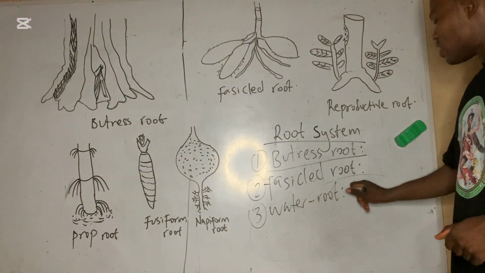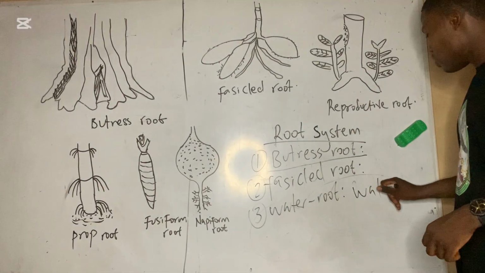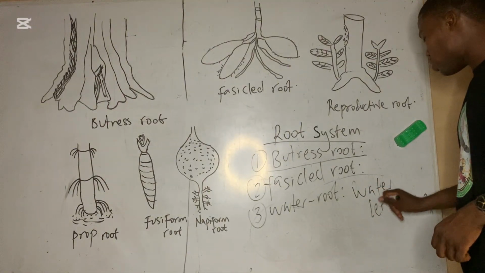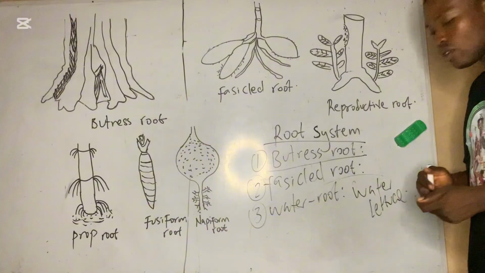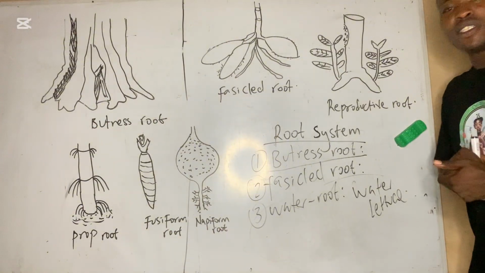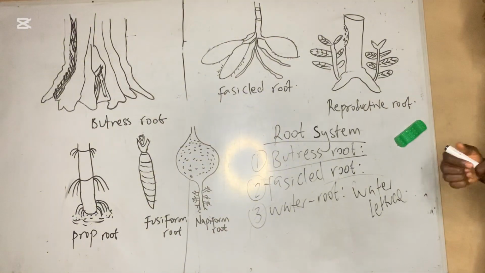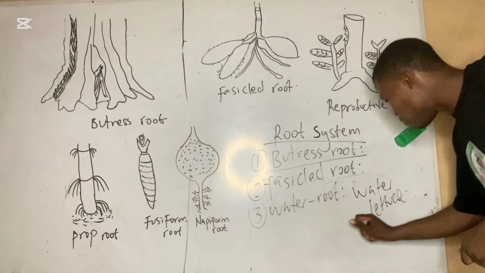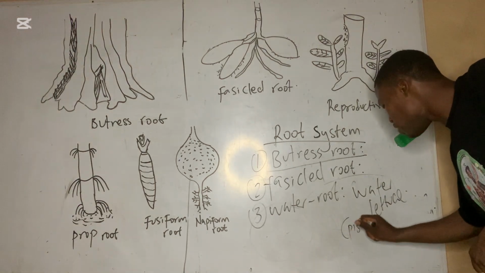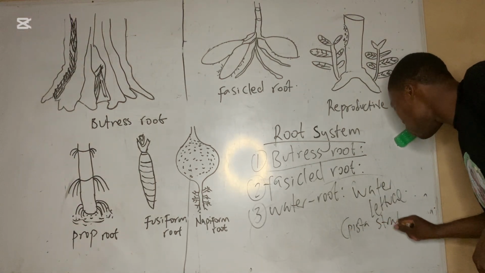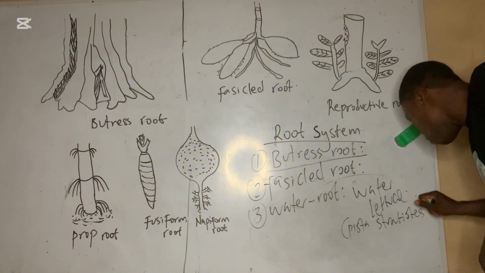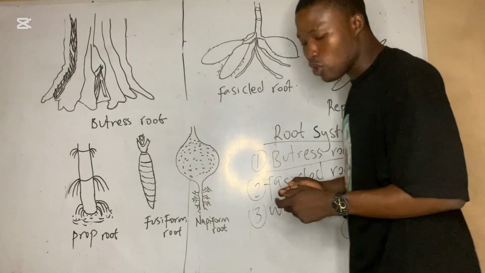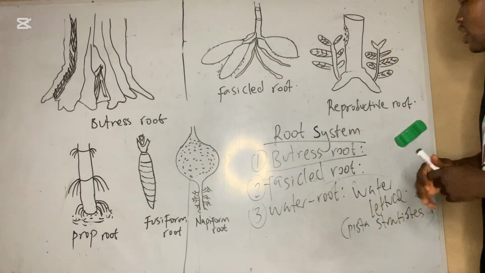I can find that in water lettuce, Pistia stratiotis. Let me write the botanical name. Now, what type of root is the water lettuce?